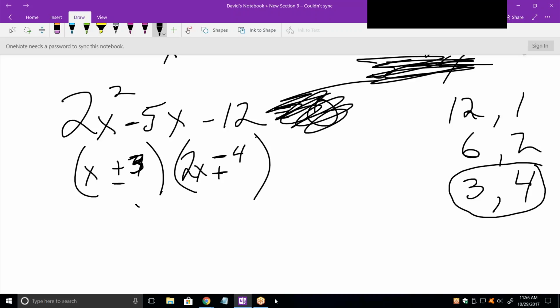Now, for these second degree quadratics, this is an integral part of solving it, the double smiley face. In other words, we got to figure out how to produce a minus 5x. Well, 3 times 2, that's plus 6x. Minus 4 times x, that's minus 4x. That's plus 2x. Well, that isn't right.